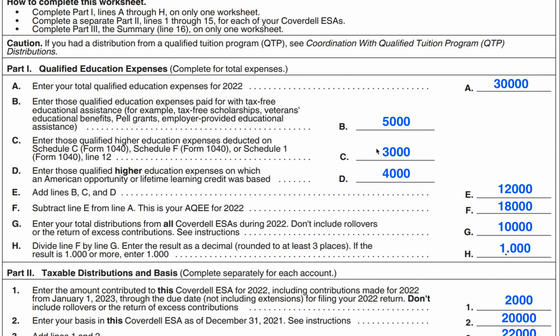We also were able to find a place, working with an accountant, to enter some qualified higher education expenses that we were able to deduct on Schedule C, because our son works for us and our accountant hypothetically gave us a scenario where we could invest in his education and write some of it off.